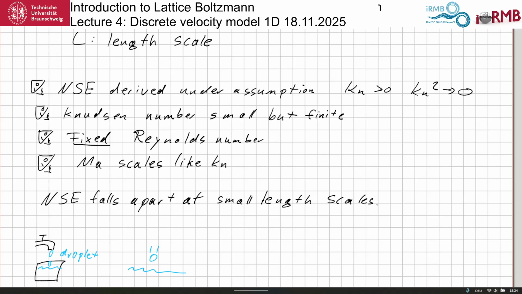And what you actually sometimes see is that this droplet bounces off. Yeah, this sometimes happens. But even if it bounces off, it will finally merge. And this is not according to the Navier-Stokes equation. The Navier-Stokes equation does not allow this to happen. So there's always a gap.